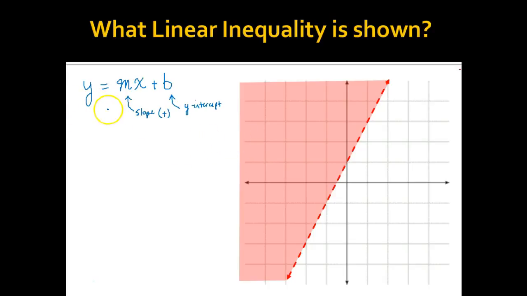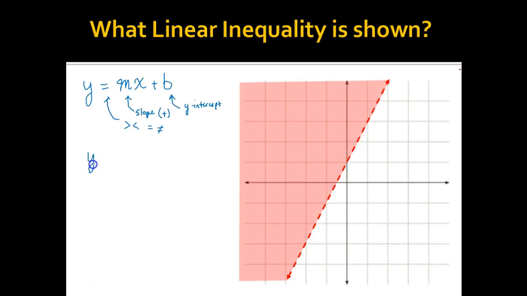And then we are going to decide here, is it greater than or less than, and is it equal to or not equal to. So we have to decide that, and that's going to dictate what symbol we put in here.